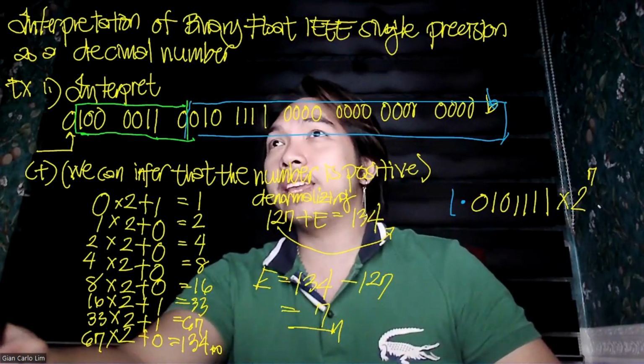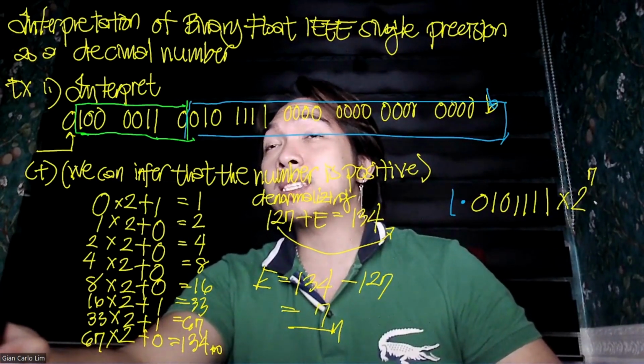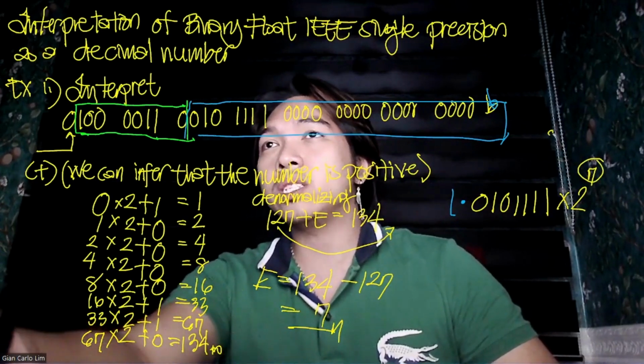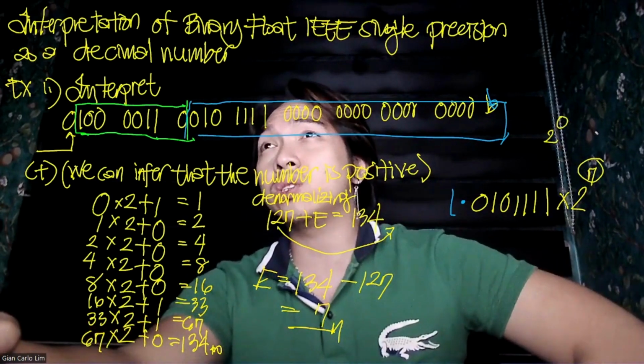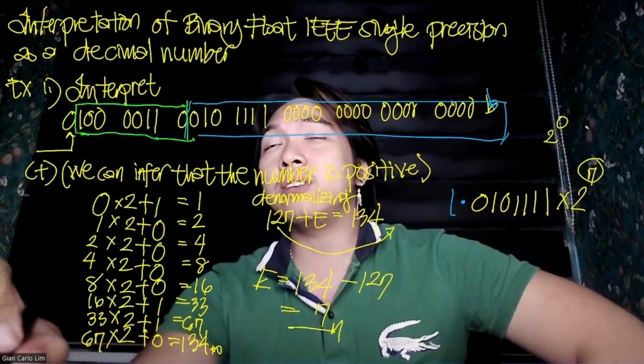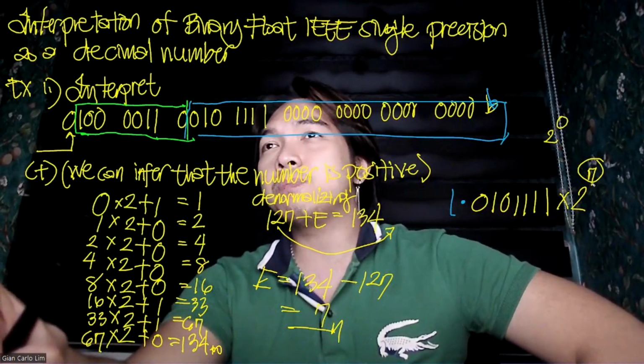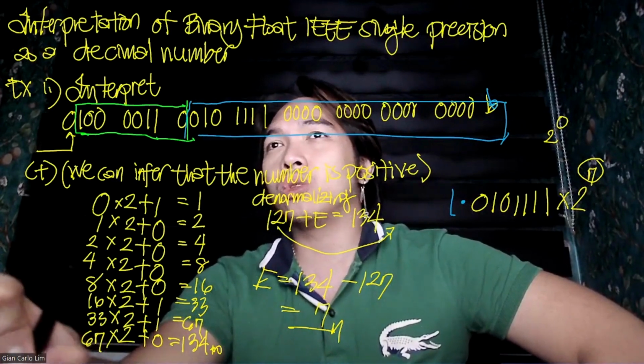Now that we have this, ang gagawin natin next is i-eliminate natin tong 7 at dapat maging 2 raised to 0 ito. So paano maging 2 raised to 0 ito? Recalling significant figures or scientific notation, para mawala yan, if that is positive, we move it to the right.